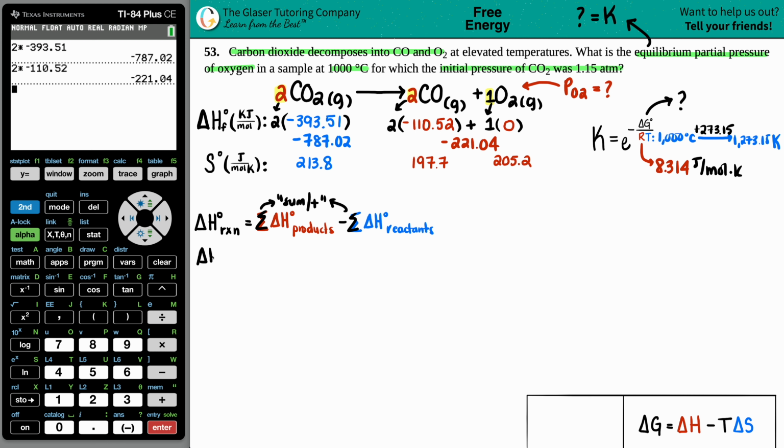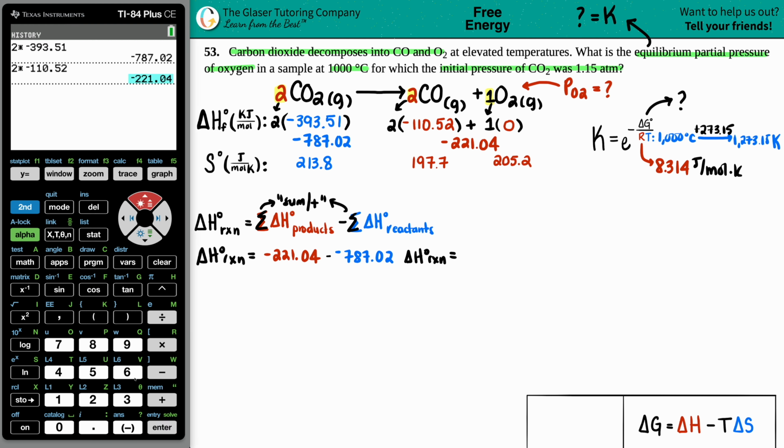So let's plug it in. Delta H for the whole entire reaction is products minus reactants. So negative 221.04 minus the negative 787.02. So delta H equals, I'll just put it over here because I need a little bit more room.